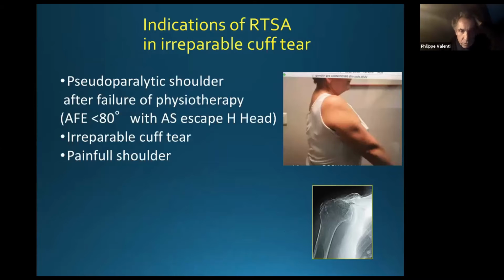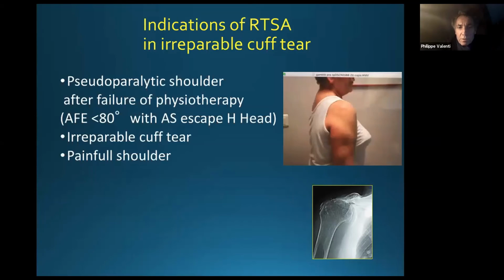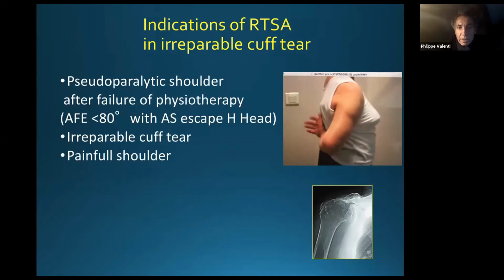So if we talk about irreparable cuff tear, the definition of a pseudoparalytic shoulder is when there is anterior and superior migration of the humeral head.